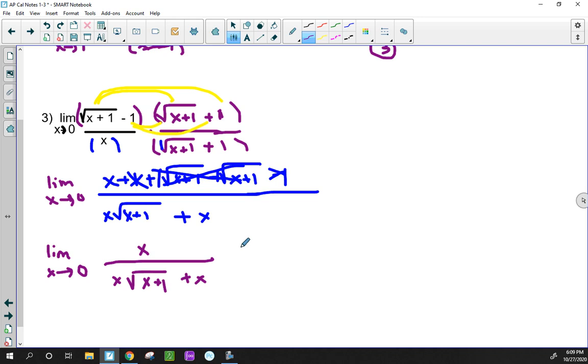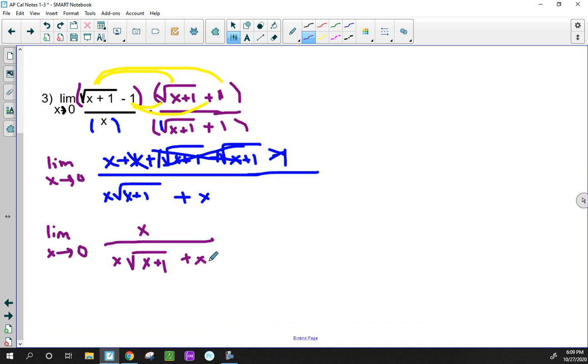Okay? Alright, so that's what we're looking at right now. I want you to notice that, let's see, if I did put 0 here, it's still going to give me 0 on the bottom. Alright, so it might have been smarter of me not to distribute up here.